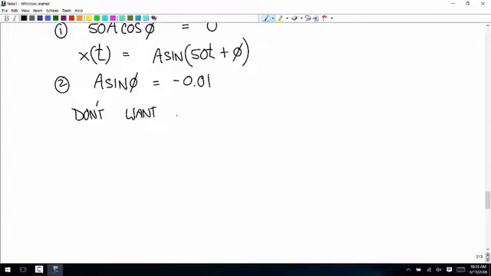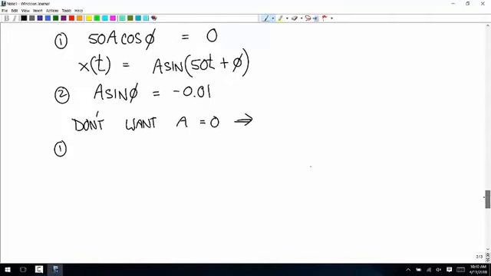We don't want our a to be equal to 0, because that would just give us 0 for the solution. So we're going to say that equation 1 is only going to be satisfied when cosine of phi is equal to 0. And when does that happen?